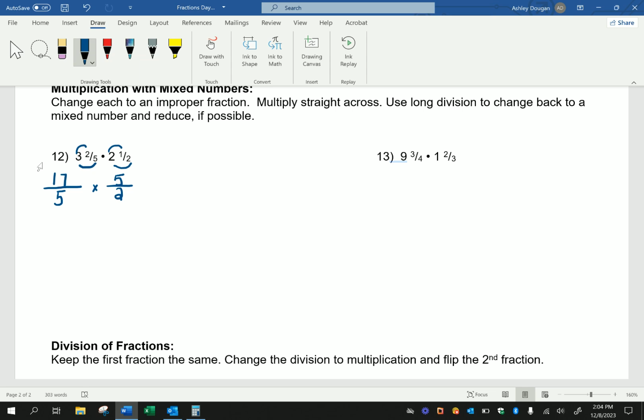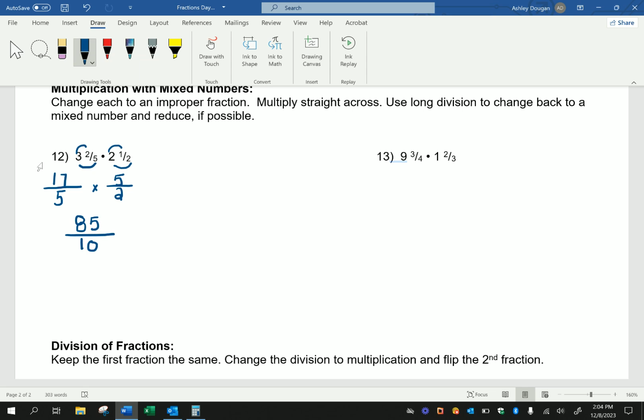And remember, when we multiply fractions, we multiply straight across and then we reduce. So once I change it to an improper fraction, it just becomes like the problems we worked a few seconds ago. 17 times 5, I would multiply those together. And that would give me 85. And then 5 times 2 is 10. Now, if I'm looking at my answer, I have 85 over 10.